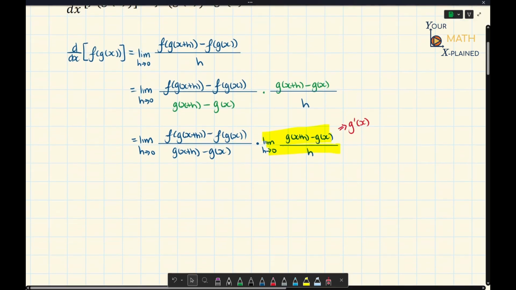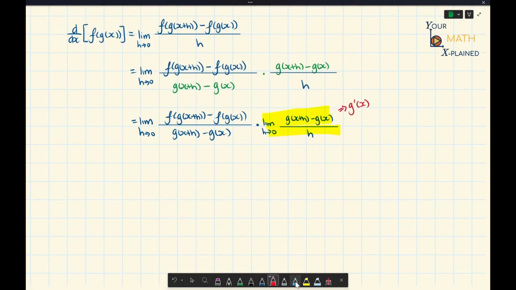Now for the first limit, we are going to do a clever substitution. So we're going to let k be equal to g of x plus h minus g of x. Then we can see that the limit as h approaches 0 for k, well, that's just equal to 0 because that's going to be g of x minus g of x.